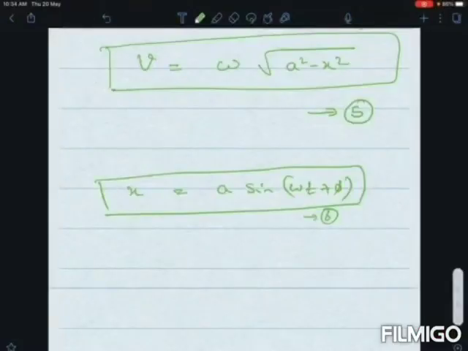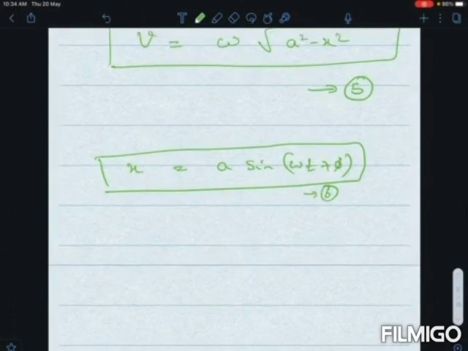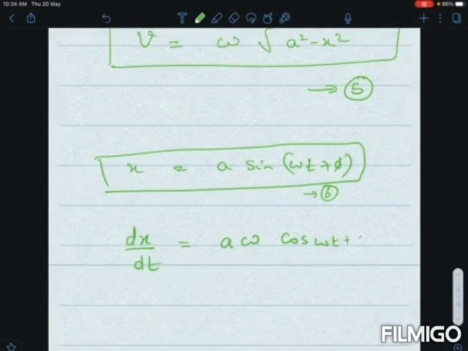So you have your x in your hand, so you can doubly differentiate to get your acceleration. So we can just differentiate once. So dx by dt shall give you a omega cos omega t plus phi.